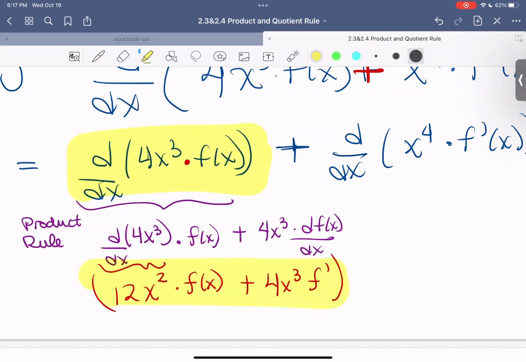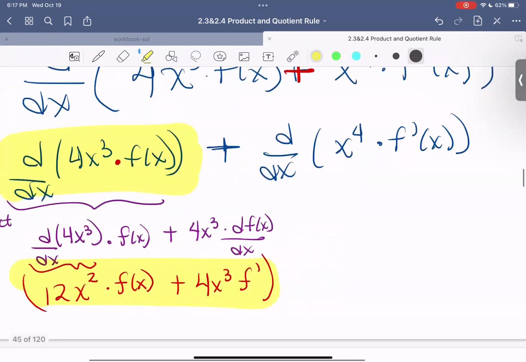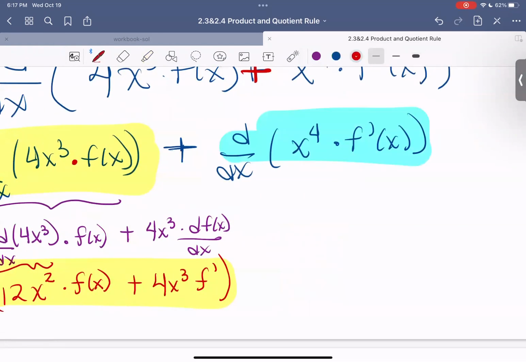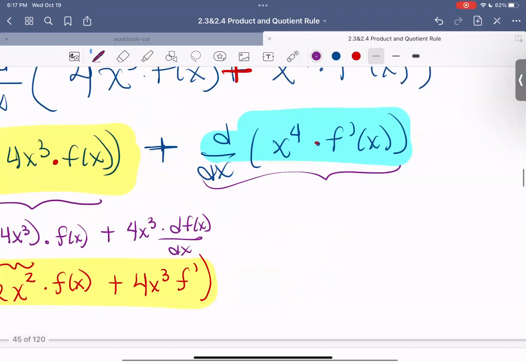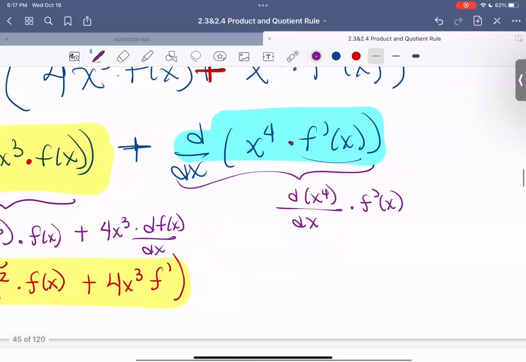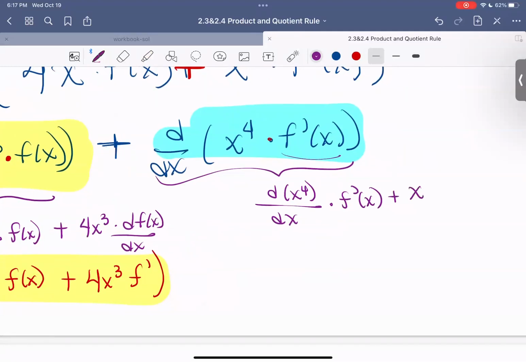So now we just need to compute that second part. So here we see again that we have a product, so we need to use the product rule. So that becomes the derivative of x to the fourth with respect to x times the second function, so that's just f prime of x, plus the first function, x to the fourth, times the derivative of our second function.